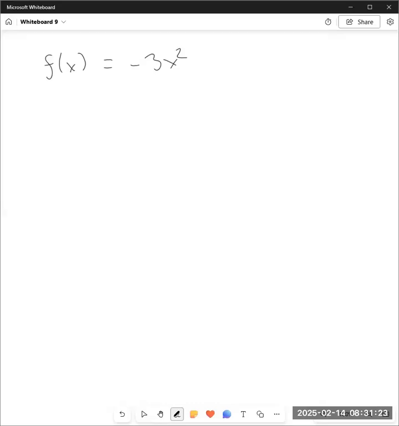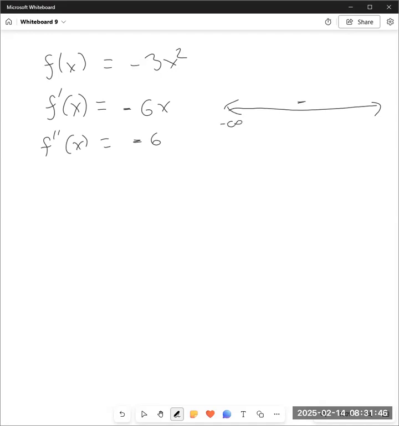We're going to use the second derivative to find concavity. So here's the first derivative, and then we're going to take the derivative of that derivative to get the second derivative. We use our number line technique to say, where is this second derivative positive or negative? Well, it's negative everywhere, from negative infinity to positive infinity.